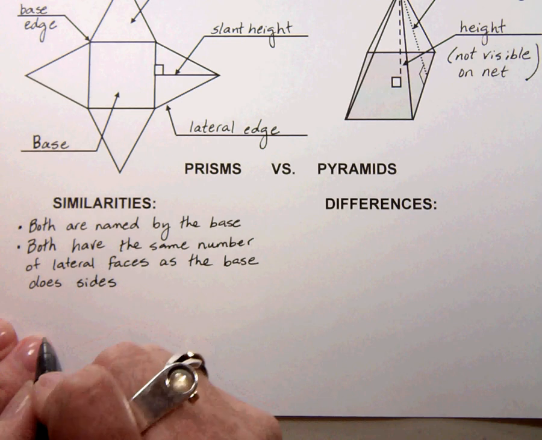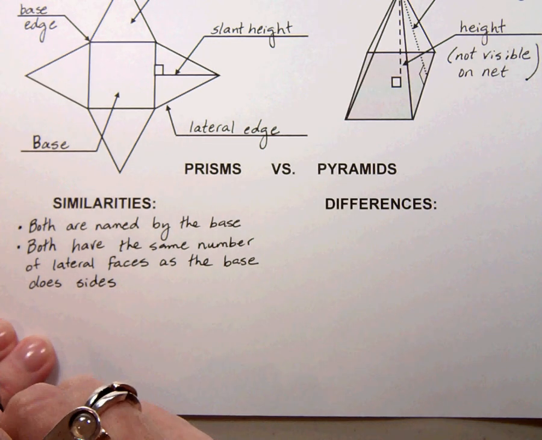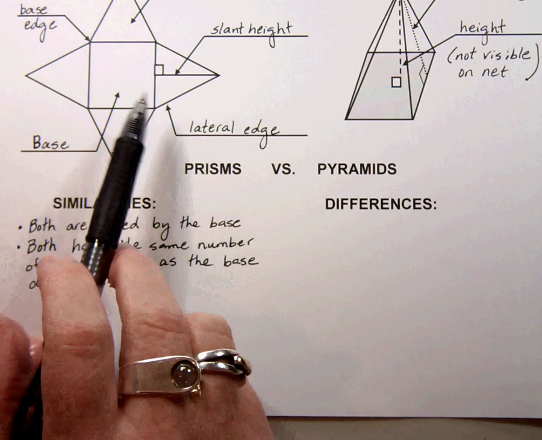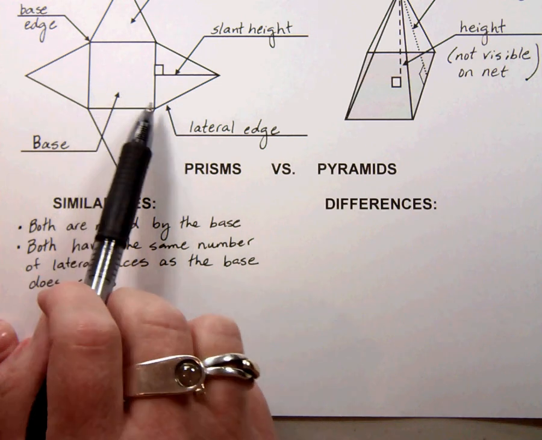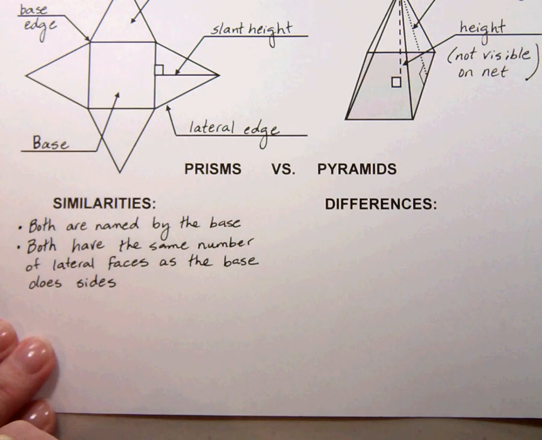So if the base has 5 sides, it'll have 5 lateral sides. Our example up here has a base with 4 sides, so there are 4 lateral faces.